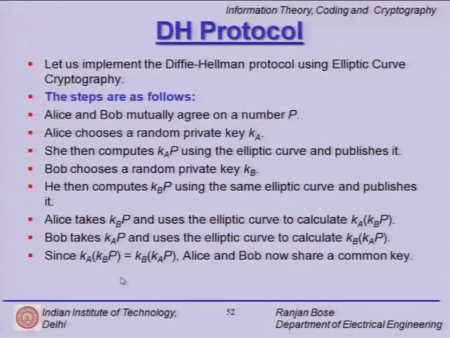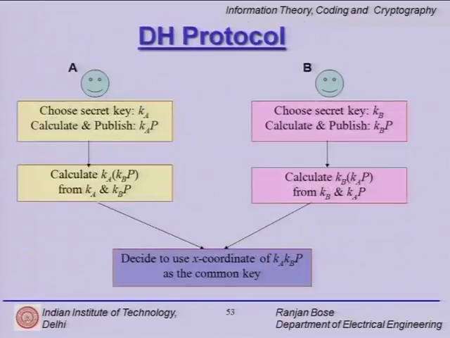But lo and behold, we have k a times k b into p is same as k b into k a into p, and magically they have these two numbers k a times k b into p, which are same. So, Alice knows this number, Bob knows this number, but the eavesdropper does not know the number. So, Alice and Bob have now secretly been able to exchange a key without the eavesdropper knowing it.